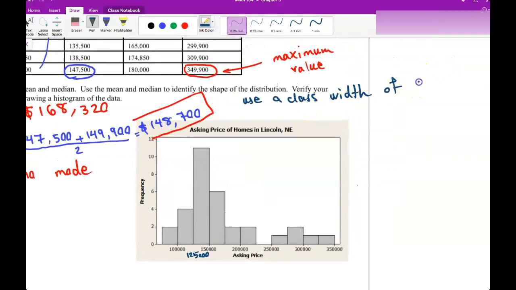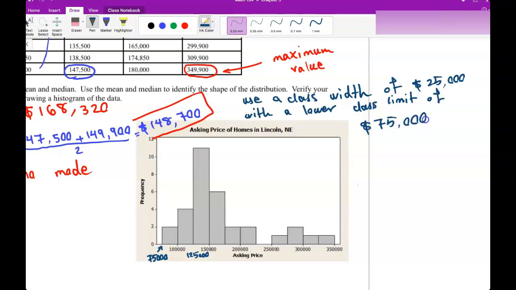So class width of 25,000 with a lower class limit, which is that one, this is 75,000. It's the starting point, so it's the lower class limit of 75,000.